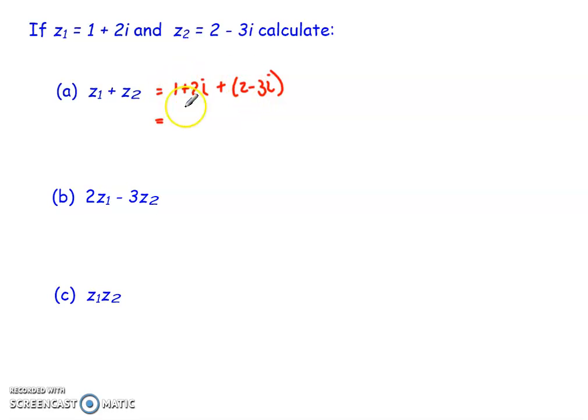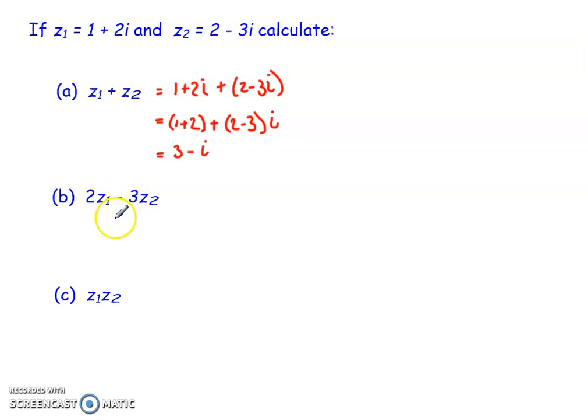Remember we said group the real parts together, group the imaginary parts together and solve it from there. So the real parts, I've got 1 plus 2, and then the imaginary parts, I've got plus 2, take away 3 times the i. What that gives me is 1 plus 2 is 3, 2 take away 3 is minus 1, so I've then got minus i.